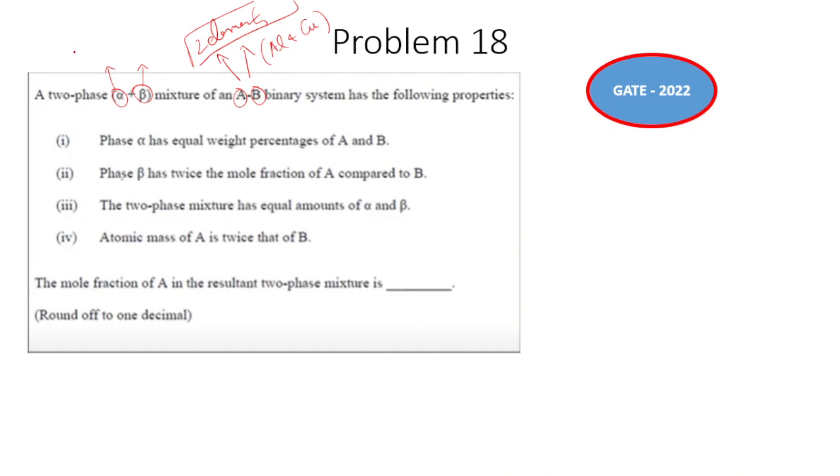Alpha has some percentage of A and some percentage of B, whereas beta also has some percentage of A and some percentage of B. We have to realize that phase here does not necessarily mean liquid or solid.